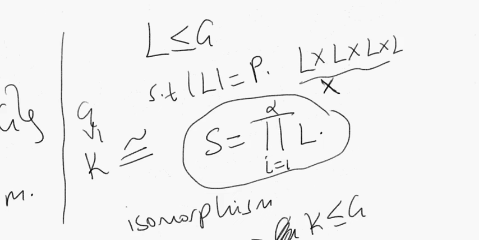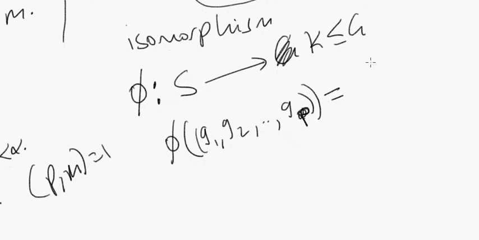Then we have alpha slots in S. Well, what's the isomorphism going to be that takes elements of S to an element of G?